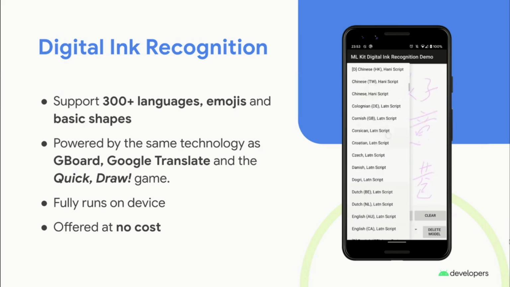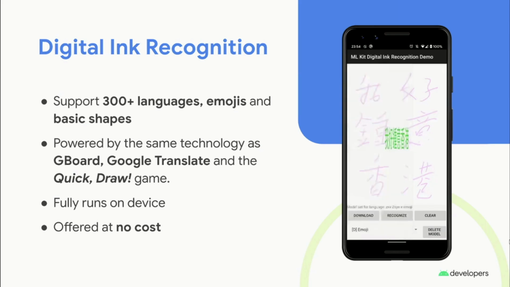And as you can see, it doesn't just use the static image that the user drew, but it actually detects the different strokes as the user writes. So this gets away from some of the problems with traditional OCR or optical character recognition, whereby you don't know which character comes first or which word comes first.